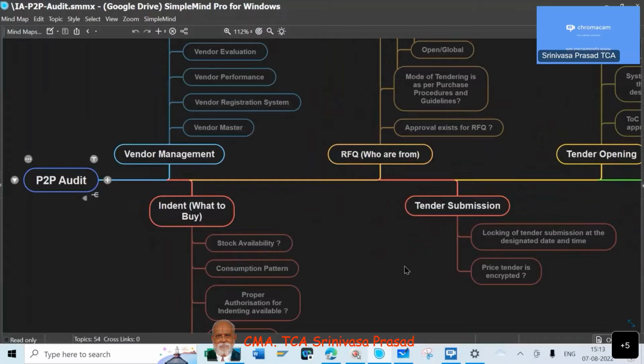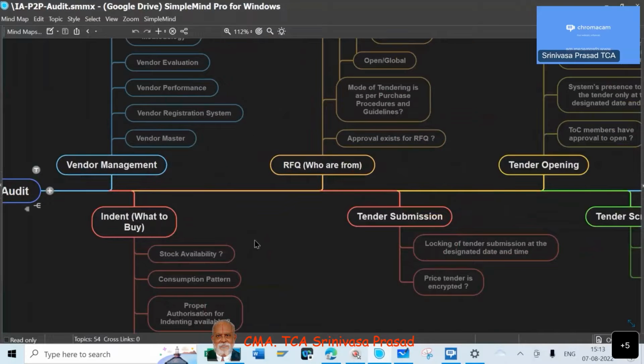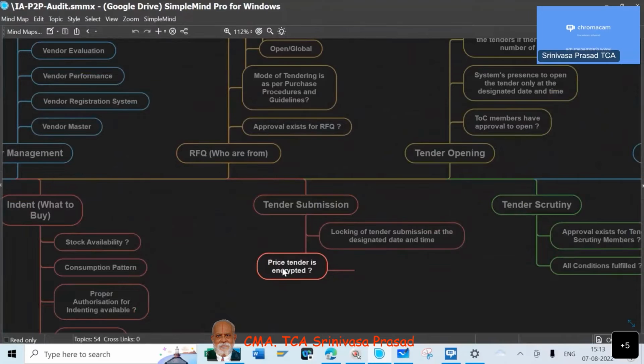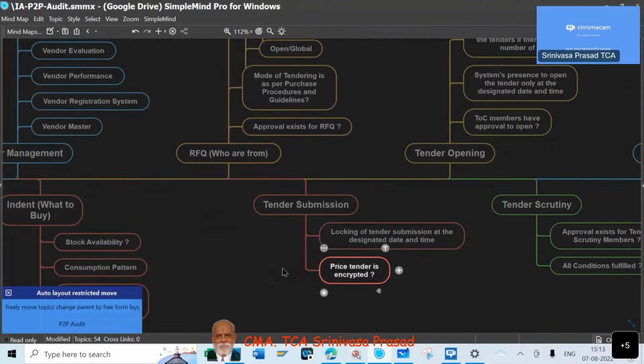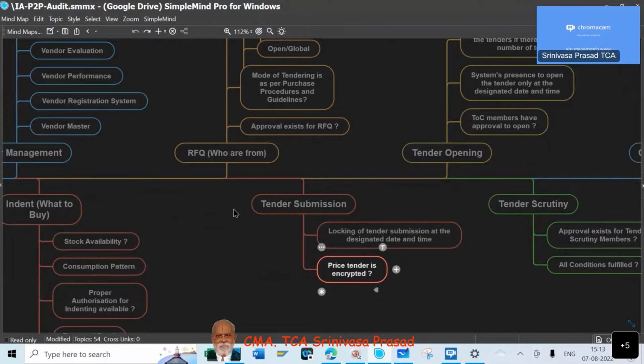It could be vendor management, then Indent, what to buy, RFQ, from whom we will have to buy. That is the question.